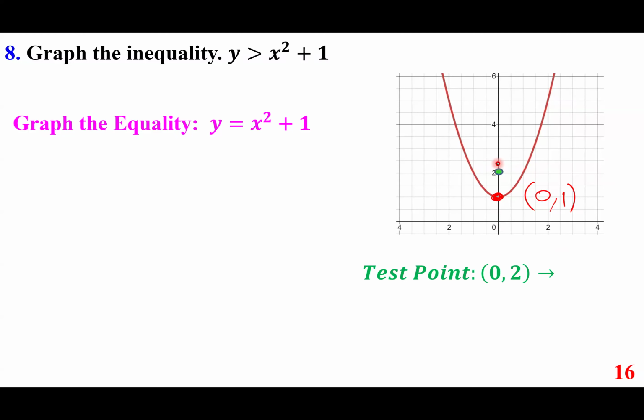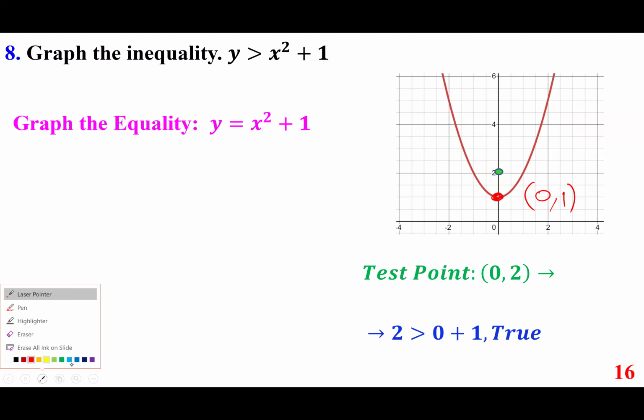If you put it into the original inequality, so you replace the y with 2, x with 0, you get 2 larger than or equal to 1. Yes, that's a true statement. So the inside works. For the sake of argument, class, let's say you use (0, 0).